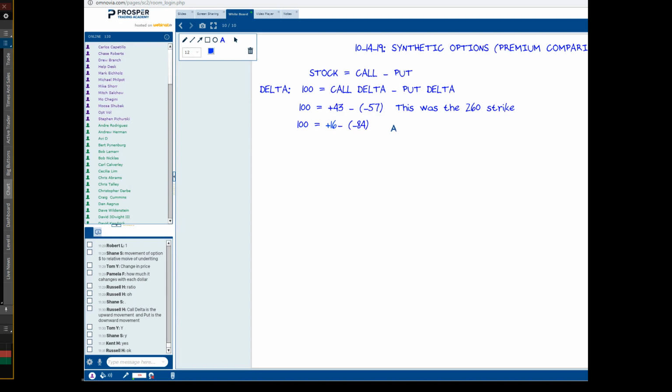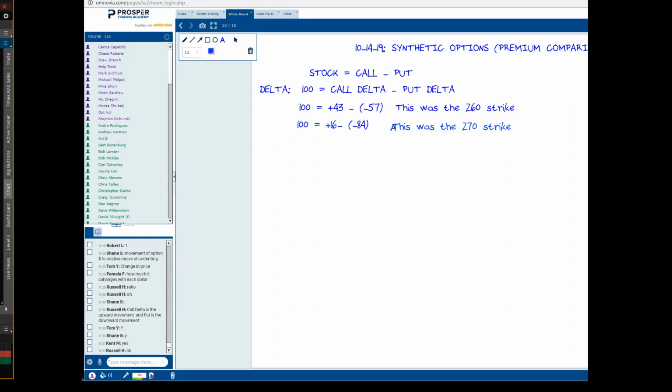Okay. This was the 270 strike. Okay, so from a delta perspective, this equation works. So a synthetic stock position would be the equivalent of owning the call and being short the put at the same strike. That would give you the same exact properties as being long the stock.